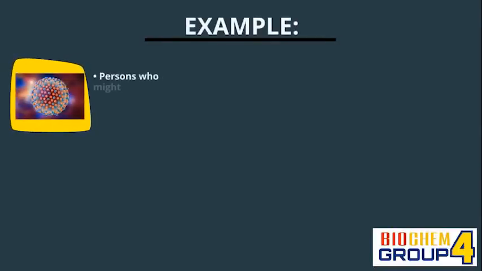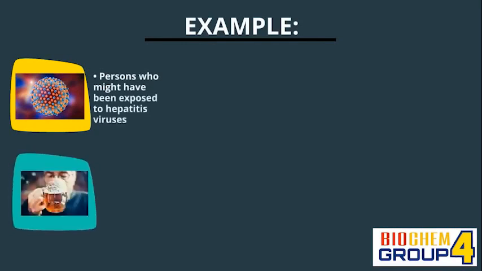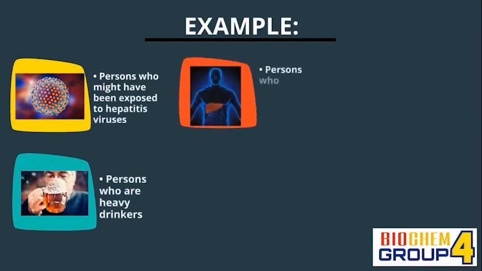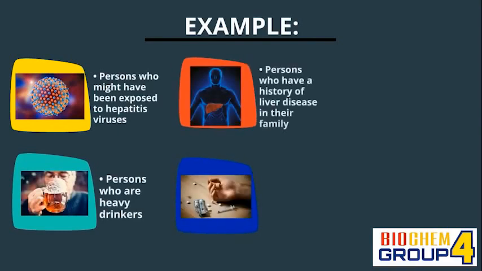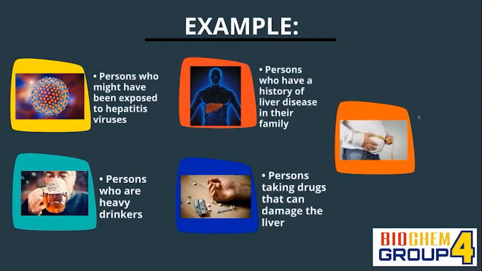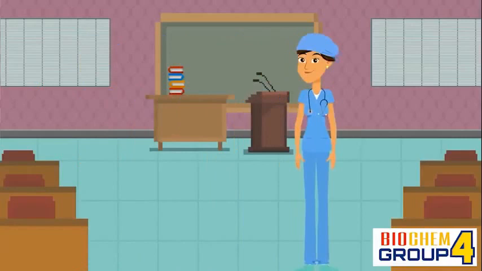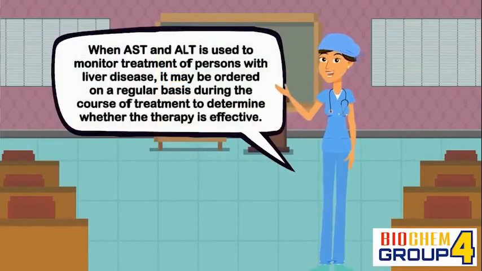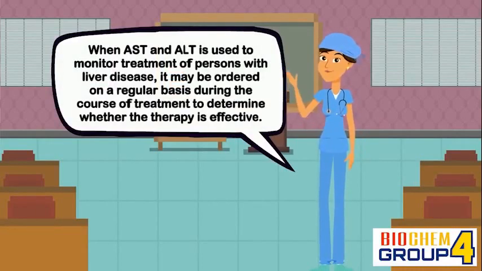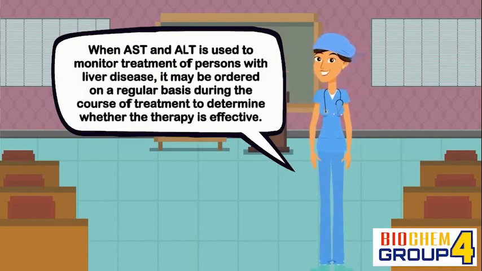Some examples include persons who might have been exposed to hepatitis viruses, persons who are heavy drinkers, persons who have a history of liver disease in their family, persons taking drugs that can damage their liver, and persons who are overweight and/or have diabetes. When AST and ALT are used to monitor treatment of persons with liver disease, they may be ordered on a regular basis or during the course of treatment to determine whether the therapy is effective.